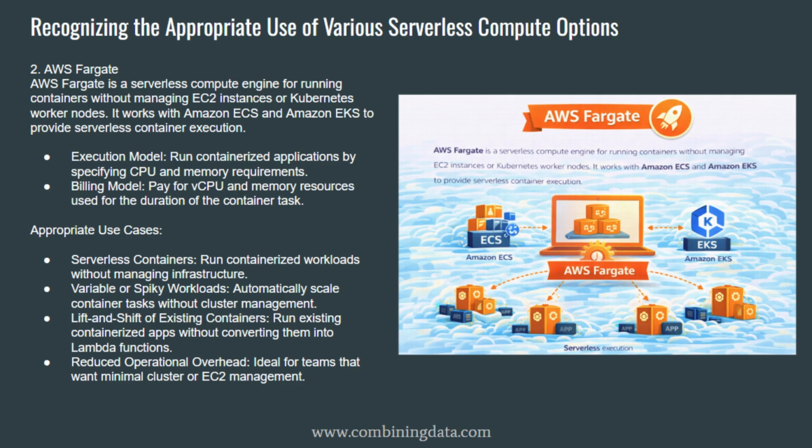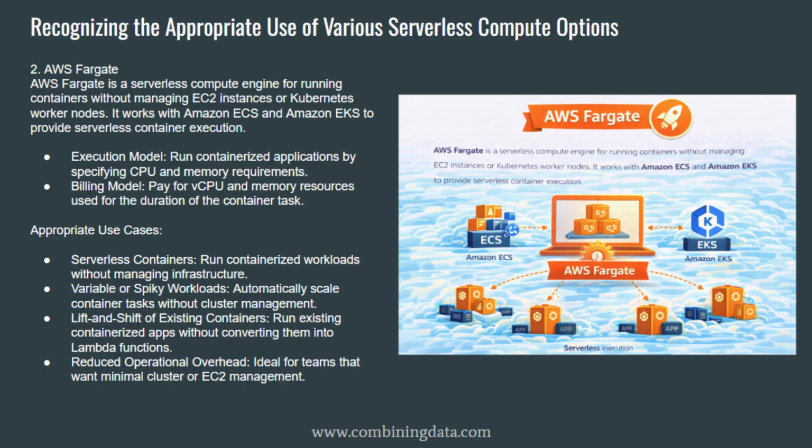When is Fargate the right choice? Fargate is ideal when your application is already containerized. You need a full runtime environment. Your workload runs longer than typical Lambda functions. You want serverless benefits without rewriting your app.